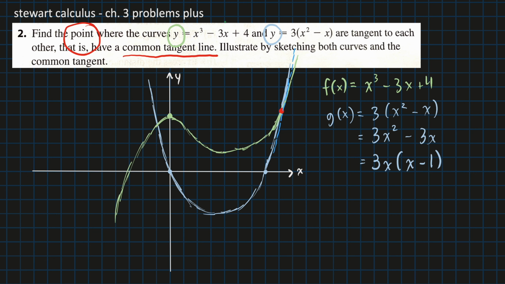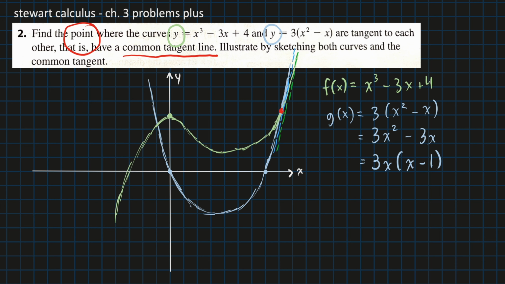And what I intended with this drawing is that if you make a tangent line for f of x at this exact same point, you should get the exact same slope. And that is what a common tangent line is.